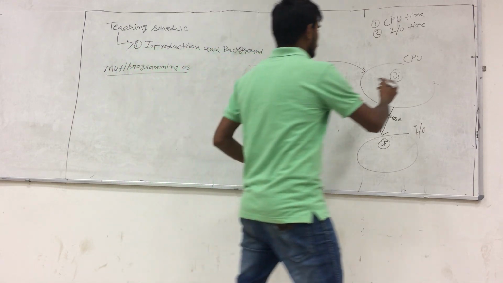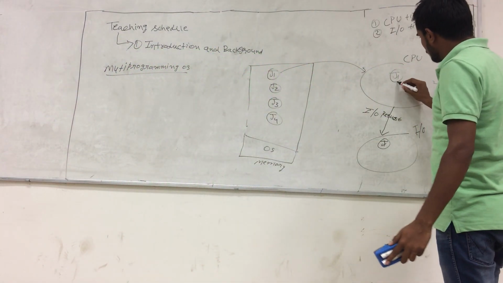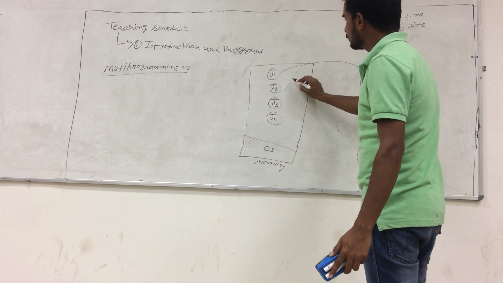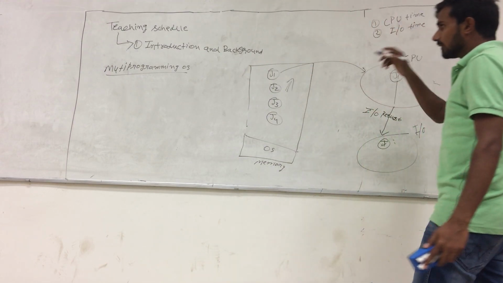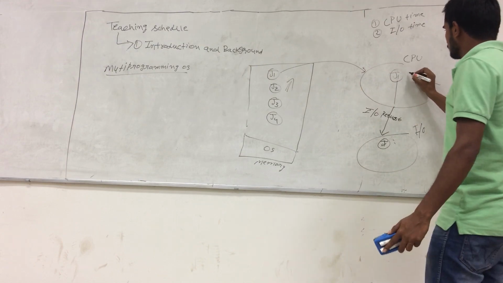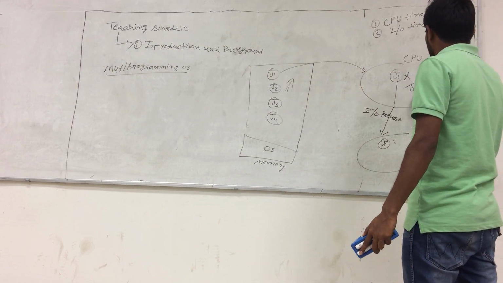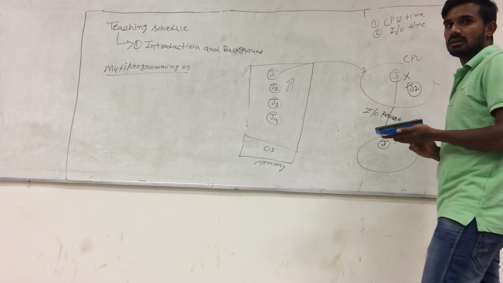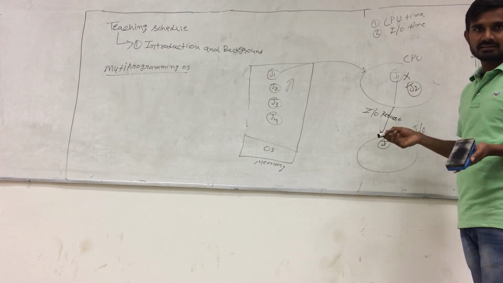If J1 wants to perform some IO operation, J1 performs the IO operation, and if J2 is ready for execution in the ready queue, J2 is scheduled here to perform some CPU operation. So there is no CPU idleness.